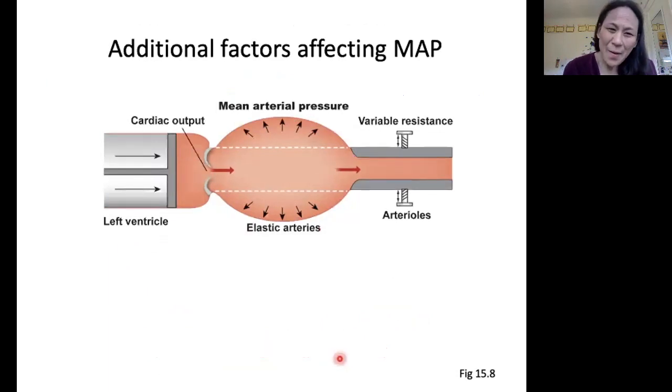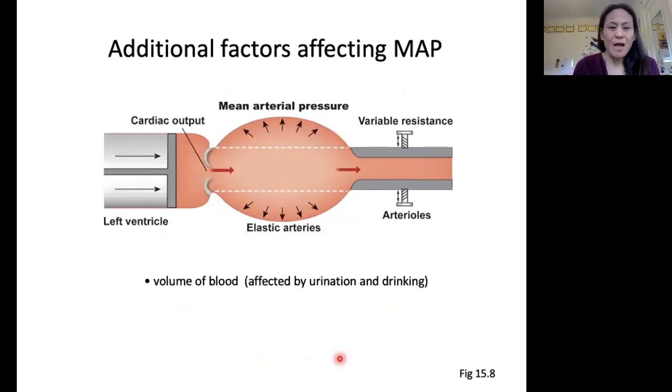Okay, let's talk about a couple more factors that affect mean arterial pressure. One of those factors is the volume of blood, our total blood volume in our bodies. As you might imagine, the higher our blood volume overall, the higher our MAP is going to be, because more blood pushing against those walls is going to give you a higher pressure.